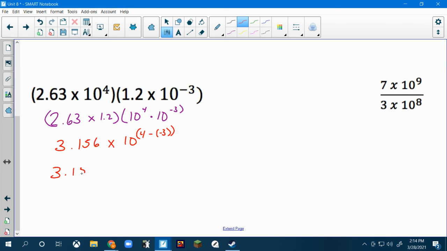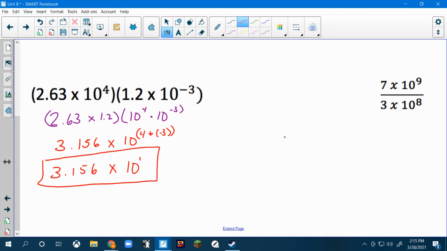So we're going to get 3.156 times, nope, should be plus negative, sorry. Should be plus, we should be adding these because this is a product rule. So we're going to do 4 minus 3, which is 10 to the first. And you're done. That's all it is.